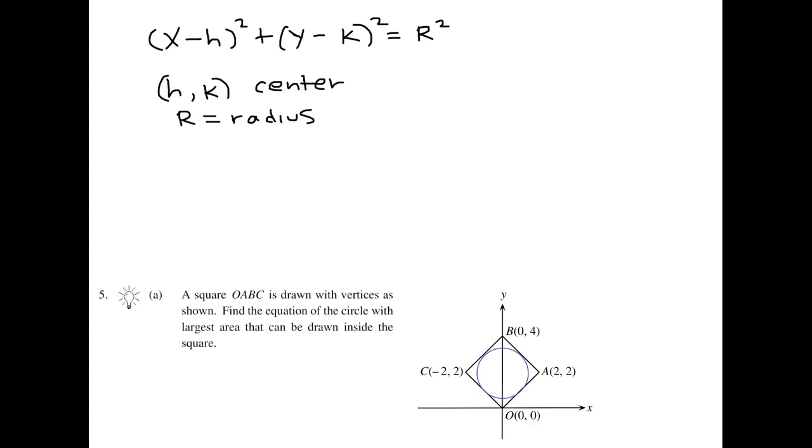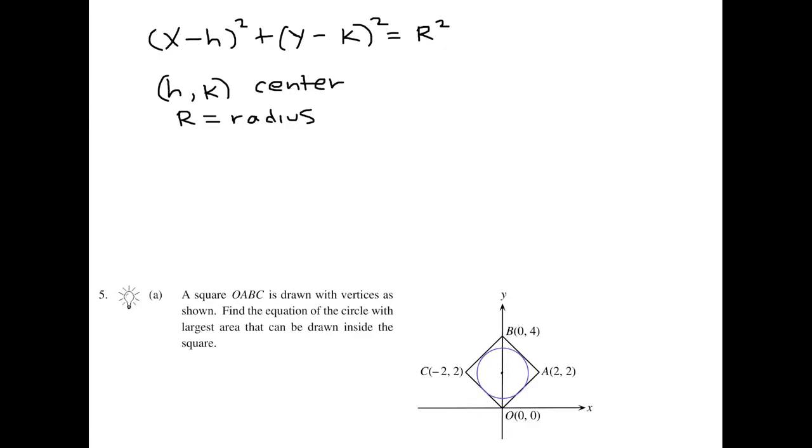So if we can figure out these values, we can just plug them in and there goes the equation of the circle. So the first thing I'm going to figure out is the center, because I think that's the easiest one. The center is right here, and it's obviously halfway from the origin to B, right?